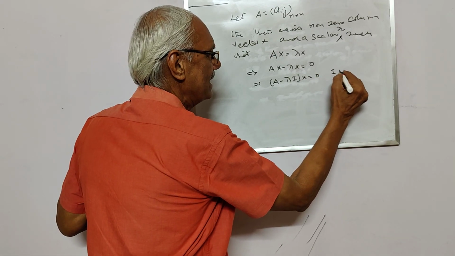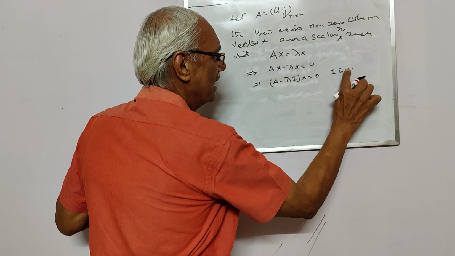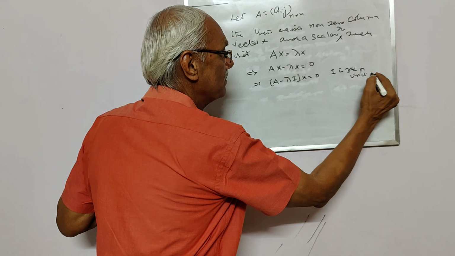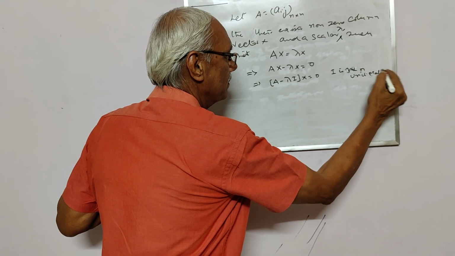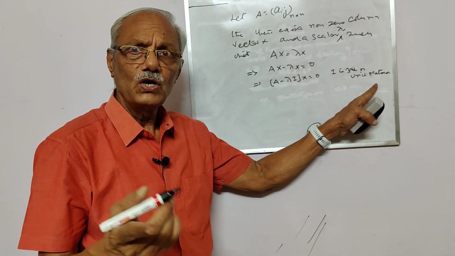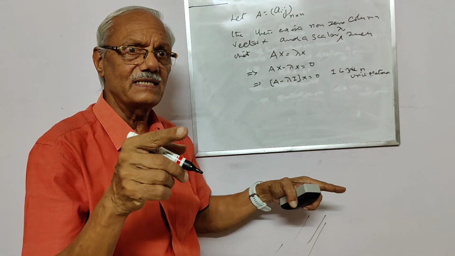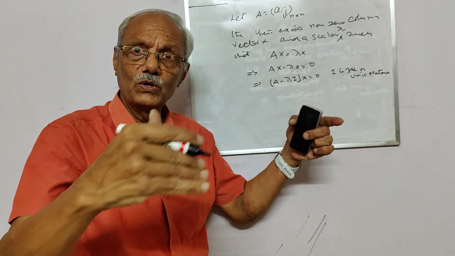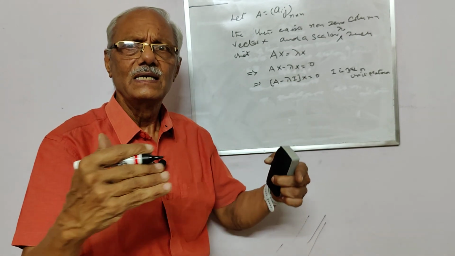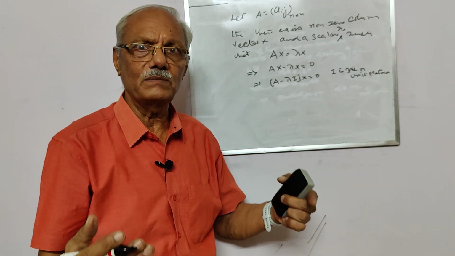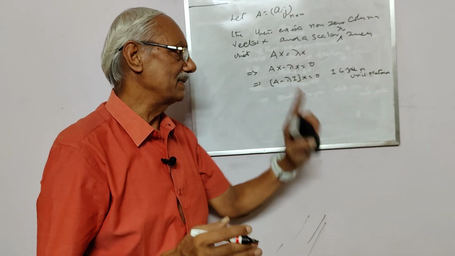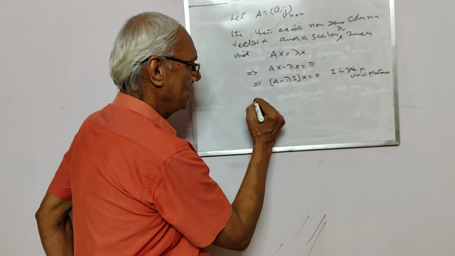This I is an n cross n unit matrix. Unit matrix in the sense along the principal diagonal ones and zeros elsewhere. This is an idea you should be having. So with the assumption that you know these things, I am telling you that this is a matrix.